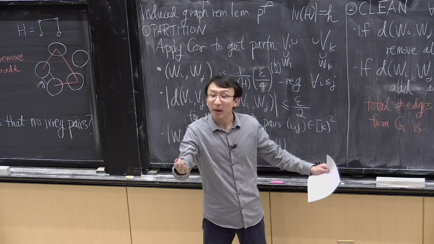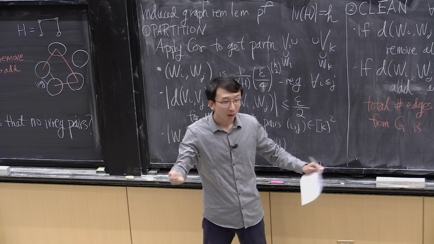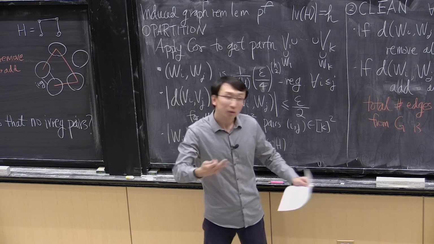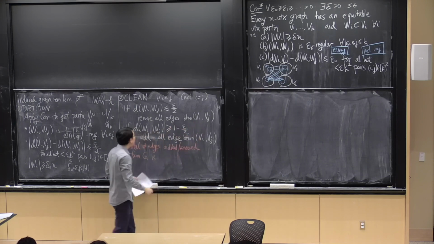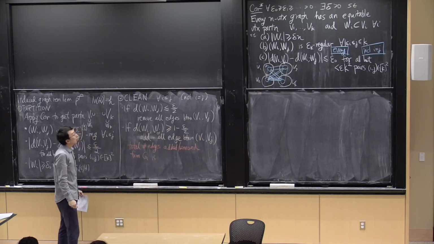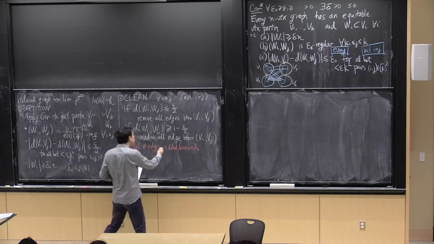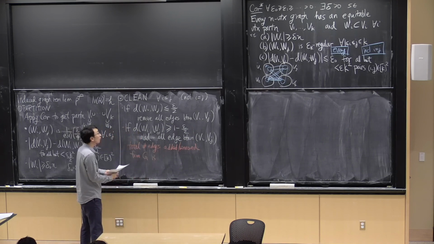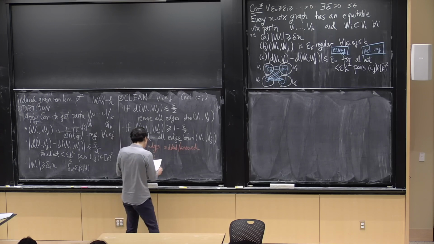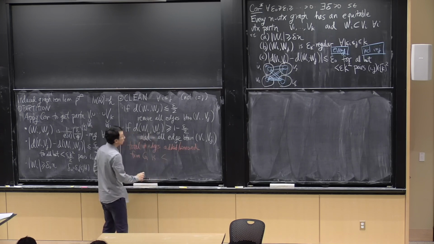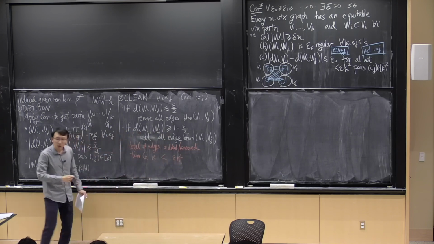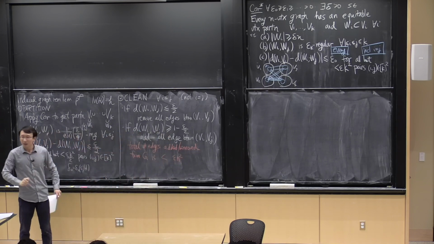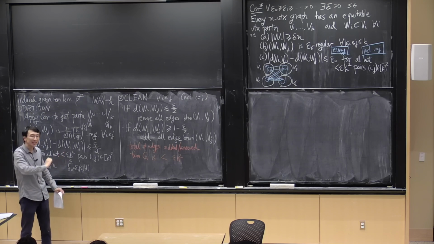But most pairs of Vi and Vj have that property. So you tally up what kind of errors you can get, and you find that the total number of edges added or removed from G is less than, let's say, epsilon n squared. Maybe you need an extra factor of 2, but upon changing some constant factors, it's less than epsilon n squared.